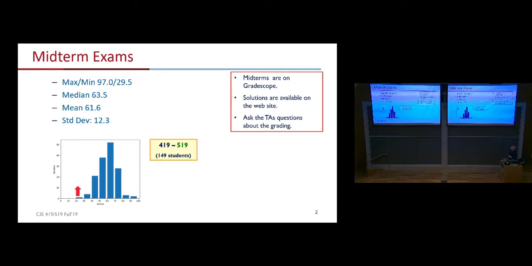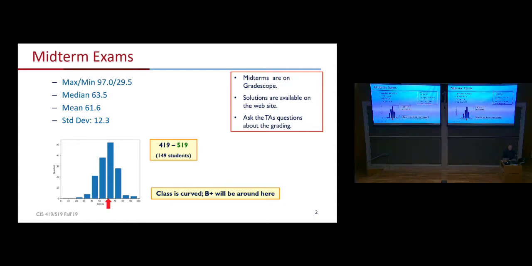As I said also on Piazza, the class is graded. So basically, this is kind of the median, and this should be about B+. So if you did 60 and above, or a lot above 60, you're okay.